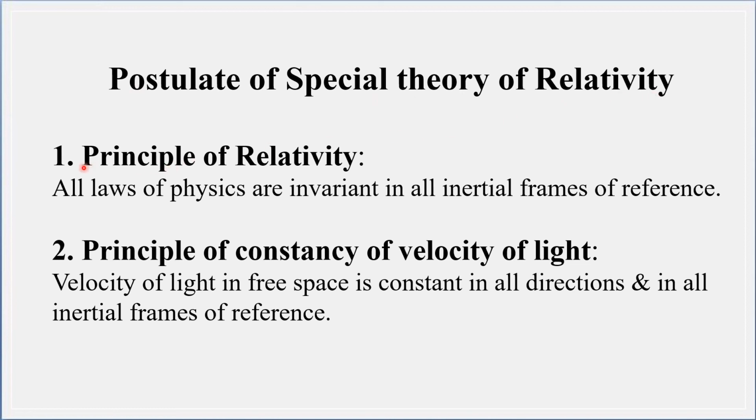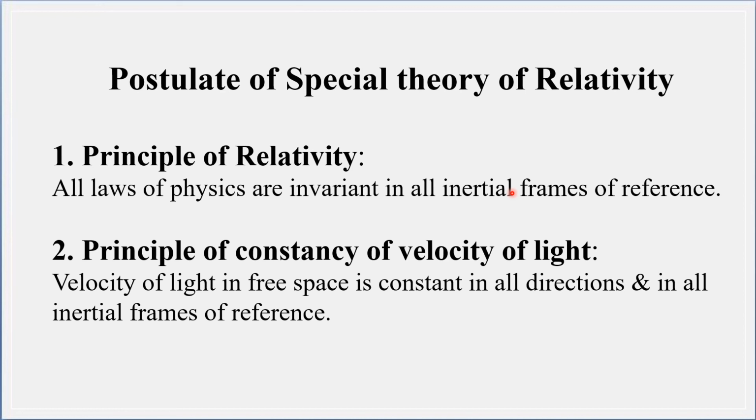The first postulate is the principle of relativity: all laws of physics are invariant in all inertial frames of reference. See, in Newtonian relativity, the Galilean transformation, we are saying that the laws of mechanics are invariant, whereas the laws of electrodynamics are non-invariant.